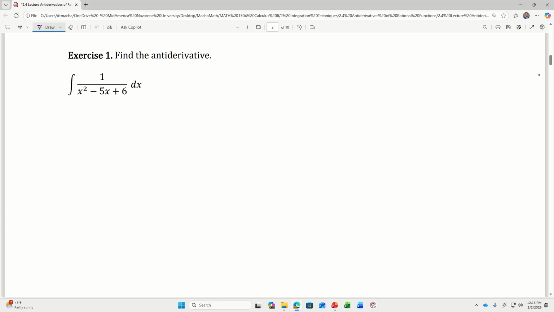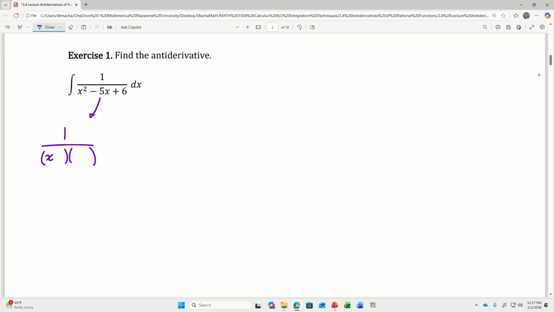Like this one. If I were taking the antiderivative of 1 divided by x squared minus 5x plus 6, I'm first going to do decomposition. And decomposition would look like saying this integrand is the same thing as 1 divided by something times something.